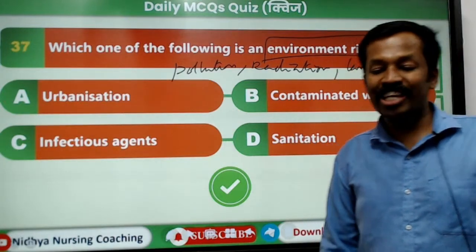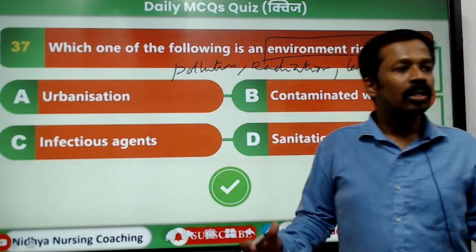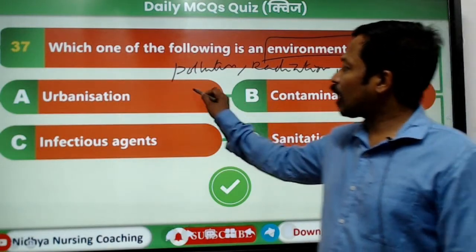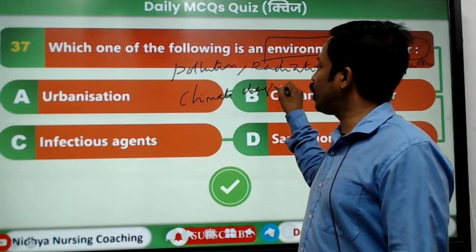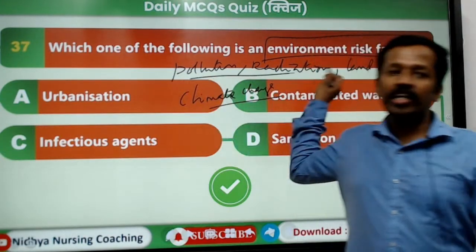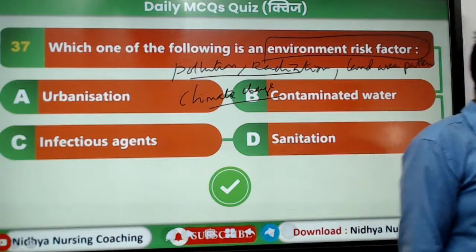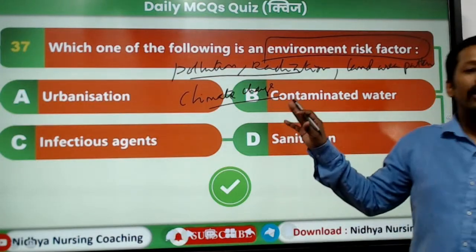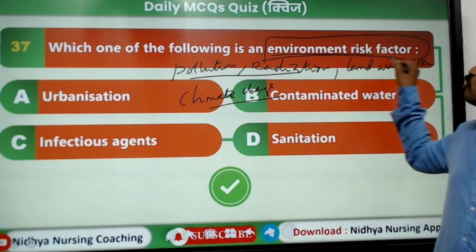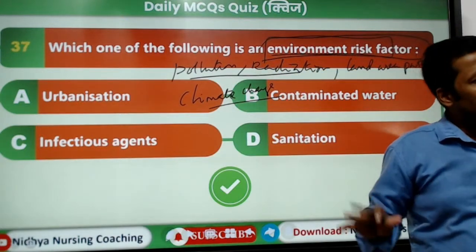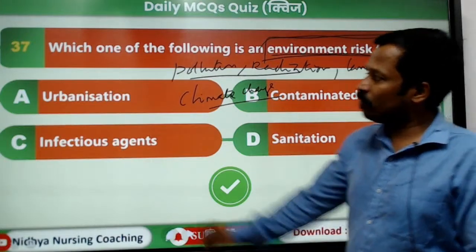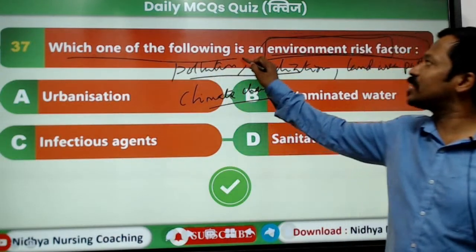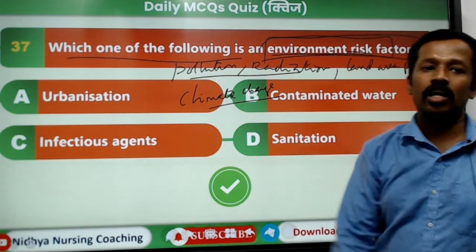Climate and weather. Okay, fine. Climate change. Everything comes under environmental risk factor. So the question is, which one of the following is an environmental risk factor?